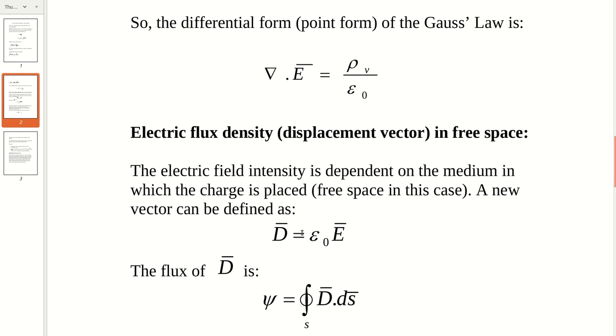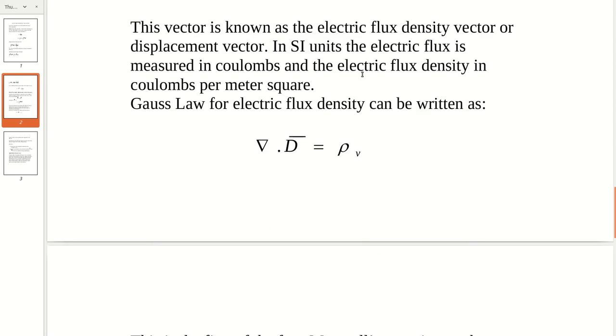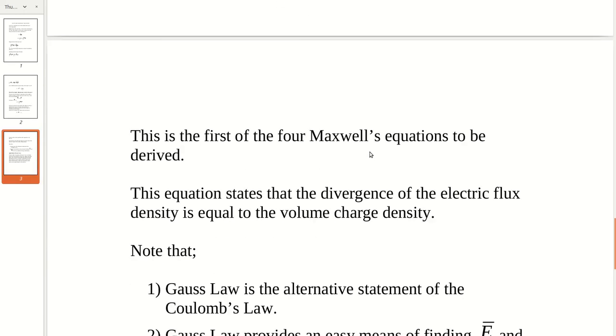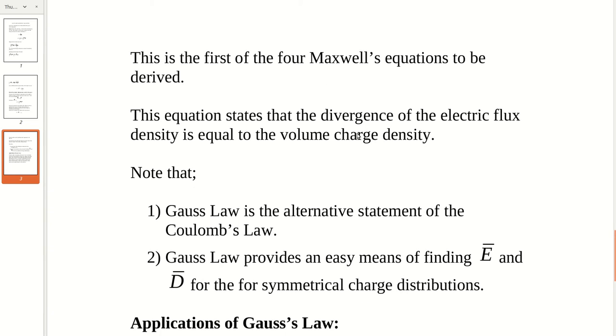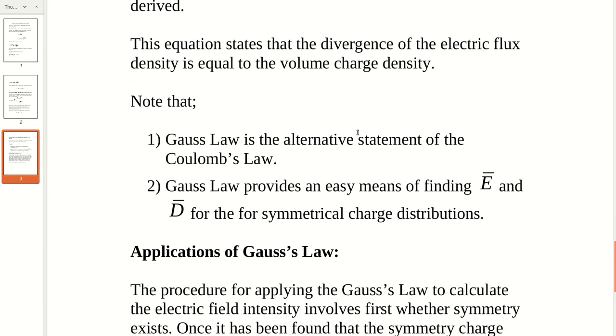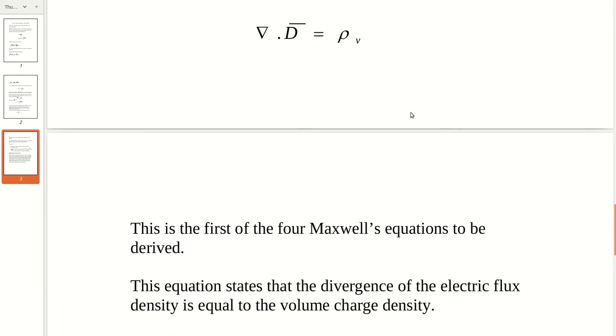So we take epsilon E and name it D. So the divergence of D equals rho V. This is Gauss's law again, written differently. This is the first of the four Maxwell equations, and it states that the divergence of electric flux density is equal to the volume charge density.